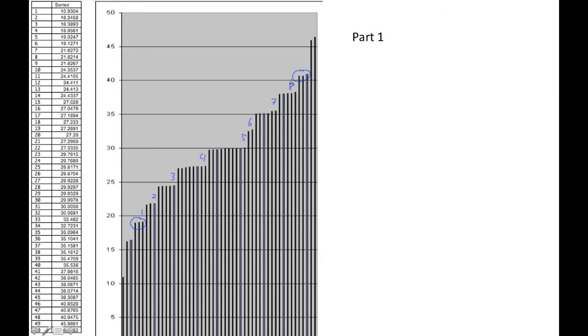So to figure out what these steps are, I'm going to average the high, and I'm going to subtract the average of the low. And then that I will divide by 8 steps.